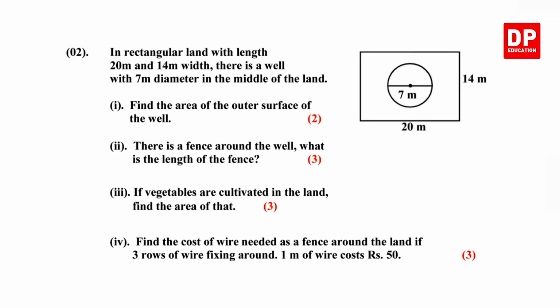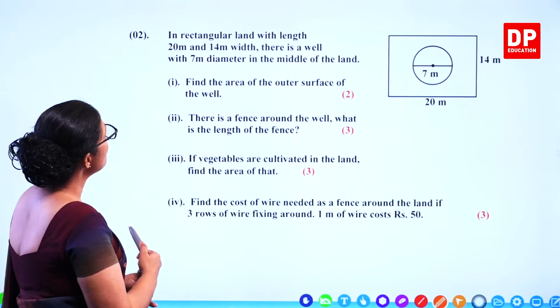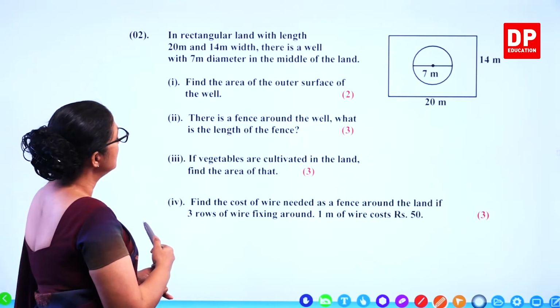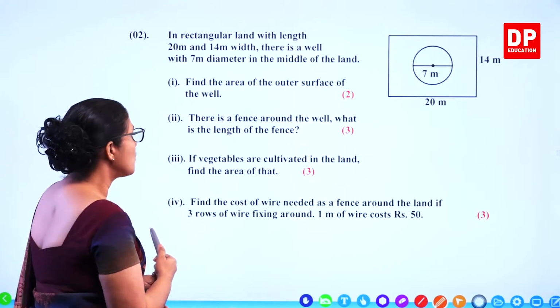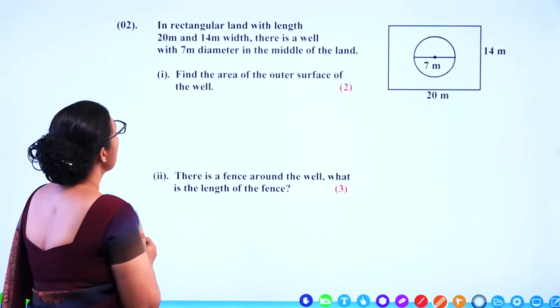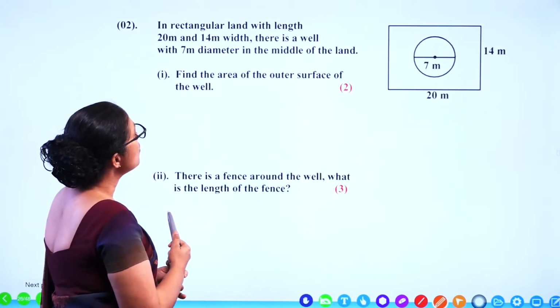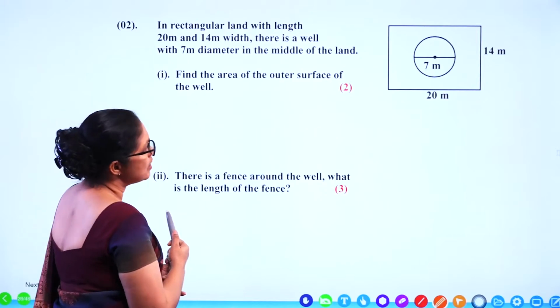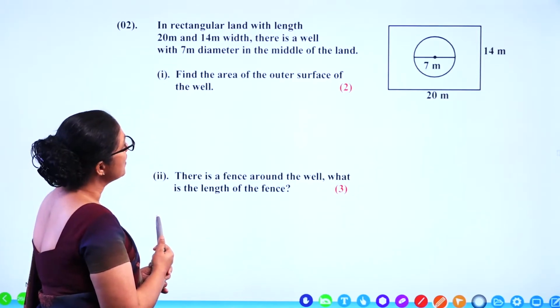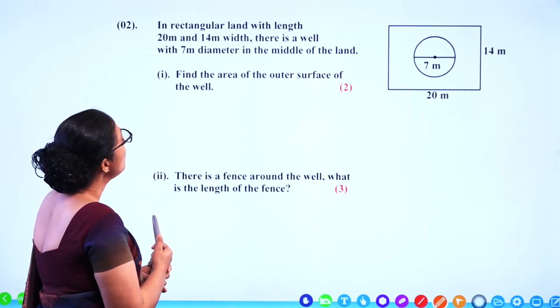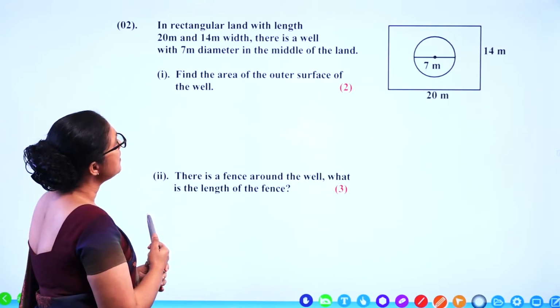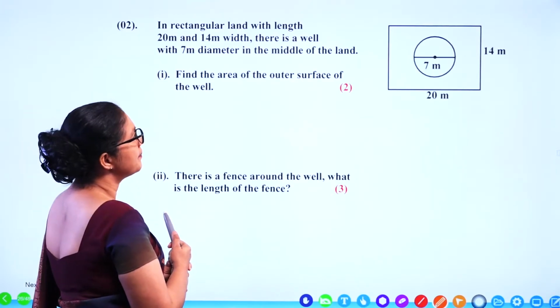Question number 2. So you need to find out area and perimeter, so we'll do separately. In a rectangular land with length 20 meters and 14 meter width, there is a well with 7 meter diameter in the middle of the land.